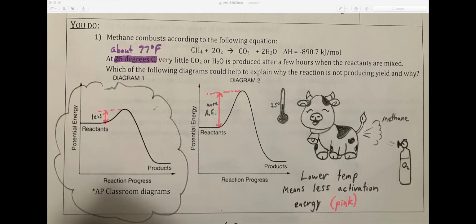So if you look at the two diagrams, one has more activation energy than the other one. I want to pick the one with less because it's less temperature. And how you know that this part that I label in pink is the activation energy, I would just encourage you to look at the diagrams in the sections.